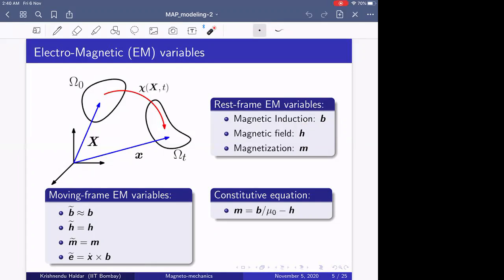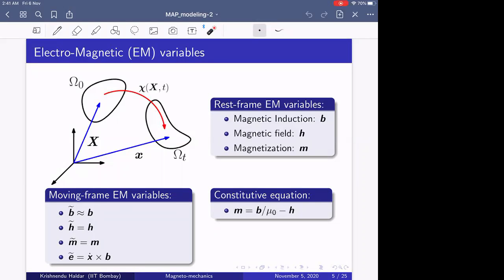These are all rest frame variables, but one of the major applications here is actuation or sensing, so it's more likely that when it undergoes a deformation, whether under applied magnetic field or mechanical load, the velocity at each point is not at all negligible. If so, instead of these rest frame variables, we consider the moving frame electromagnetic variables. This is just a change in frame.